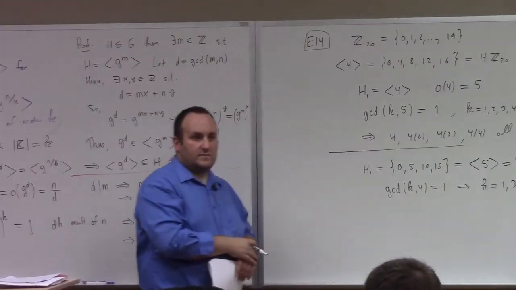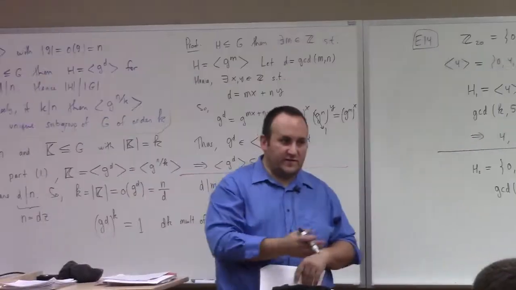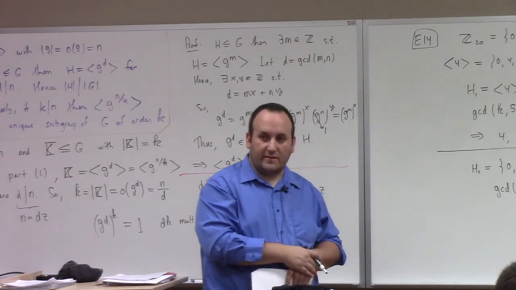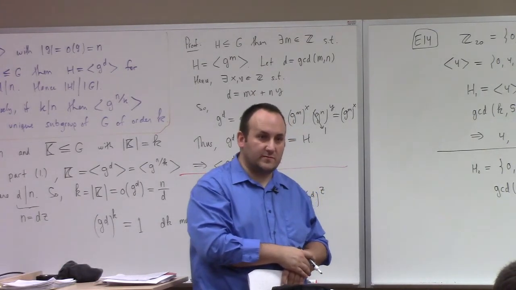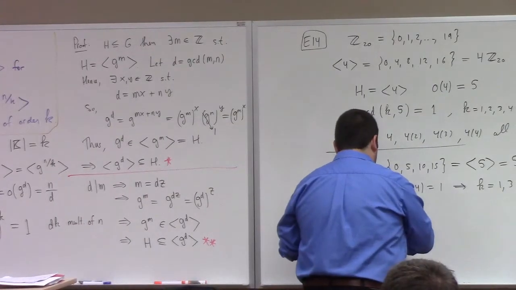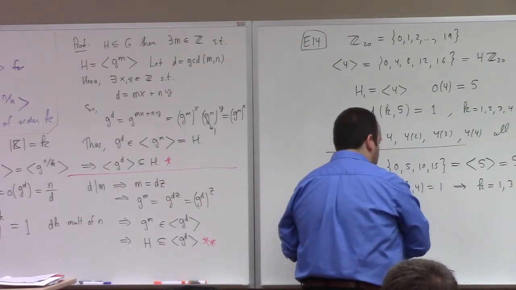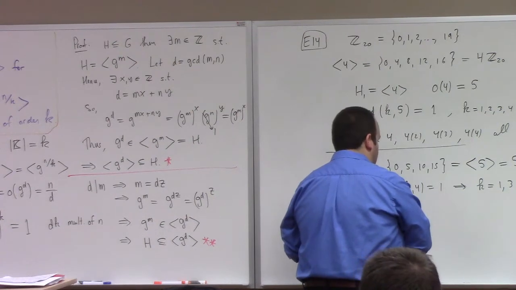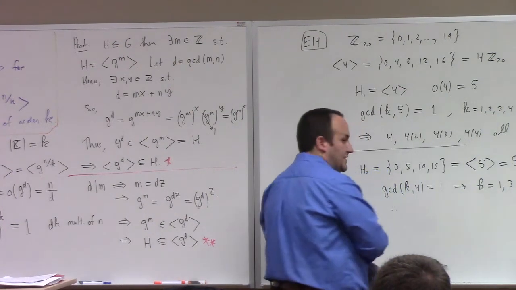So that means only 1 times the generator or 3 times the generator will again be a generator for this subgroup. Does k have to be less than the order? Well, you could make k 11, but that wouldn't change anything.